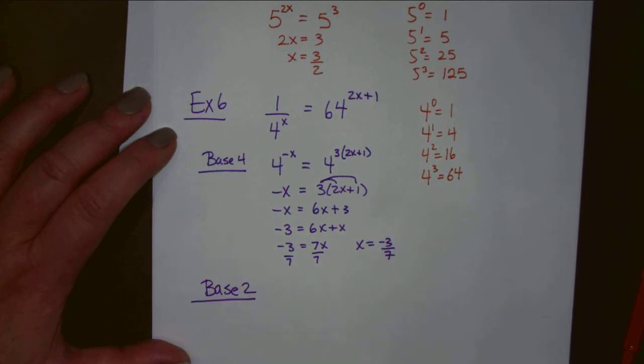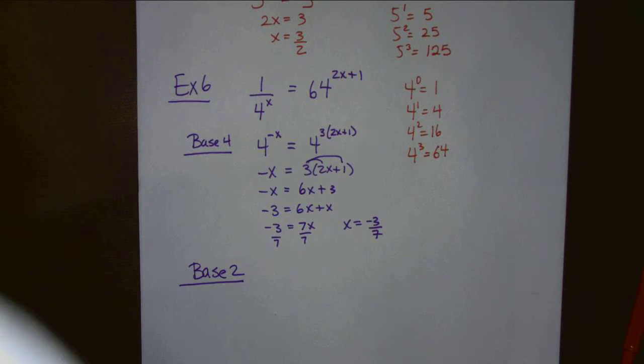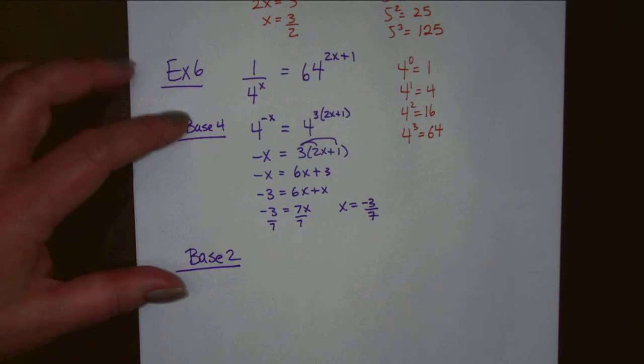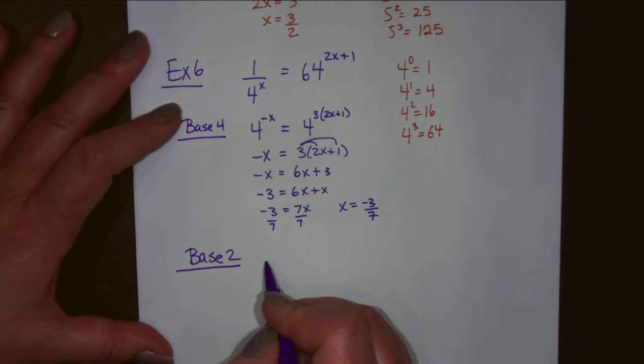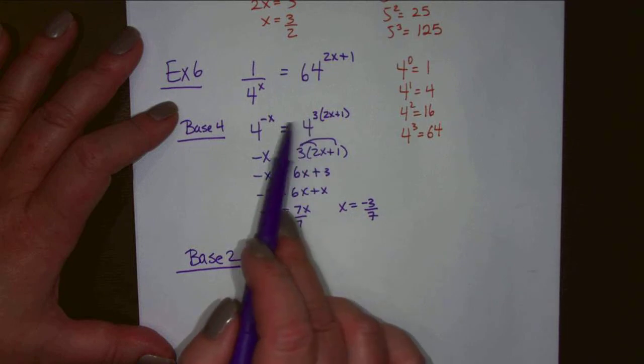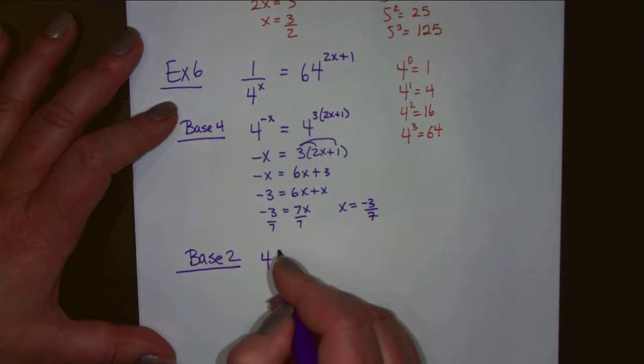So what if we wanted it to be base 2 instead? Either way would work in this particular example. So if we wanted a base 2, I would still do that same first step, move them up so that they're both on the top. So this would be 4 to the negative x.